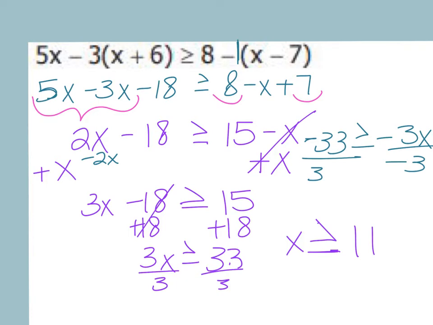So it should have been negative 11 is greater than or equal to x, which means, if I flip this, oh, I did that wrong, I'm sorry. It would be this direction, which would match, because you had to flip the sign dividing by the negative.